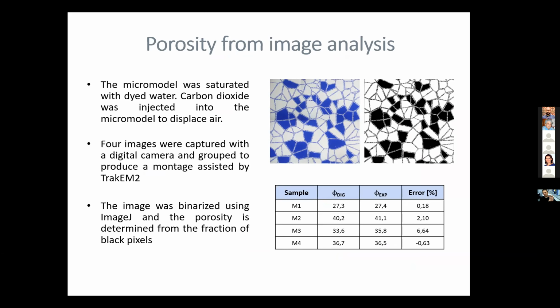After that, we took 4 images using the digital camera coupled to the microscope, and those 4 images were mounted using an ImageJ plugin called Tracking2. The porosity was calculated by binarizing the micromodels using ImageJ, and the porosity is based on the fraction of black pixels in the image.